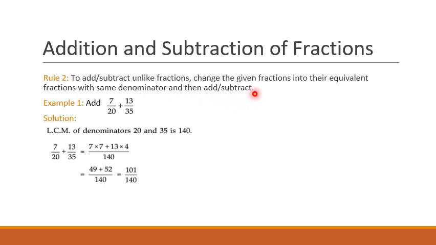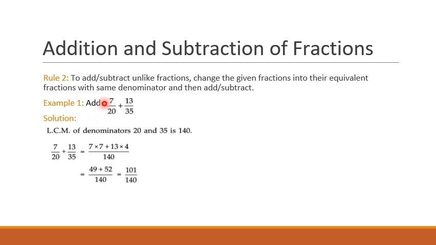Just like we have seen in the case of comparison, the same thing we have to do in the case of addition and subtraction. We have to make both the denominators the same, which can be done by finding the LCM of the given denominators. Let's understand it with the help of an example.